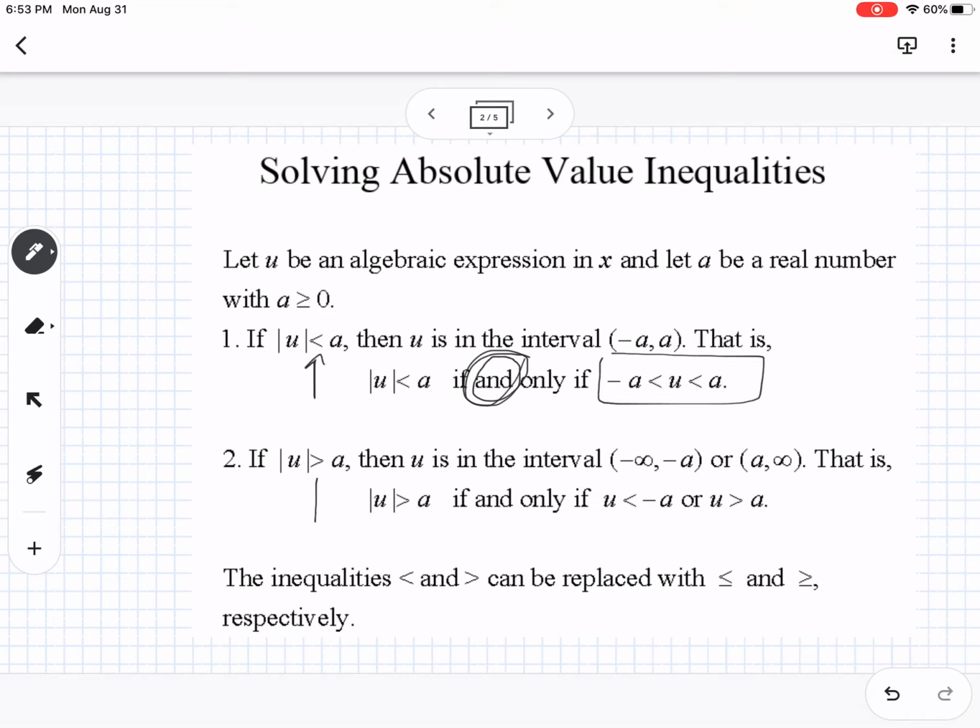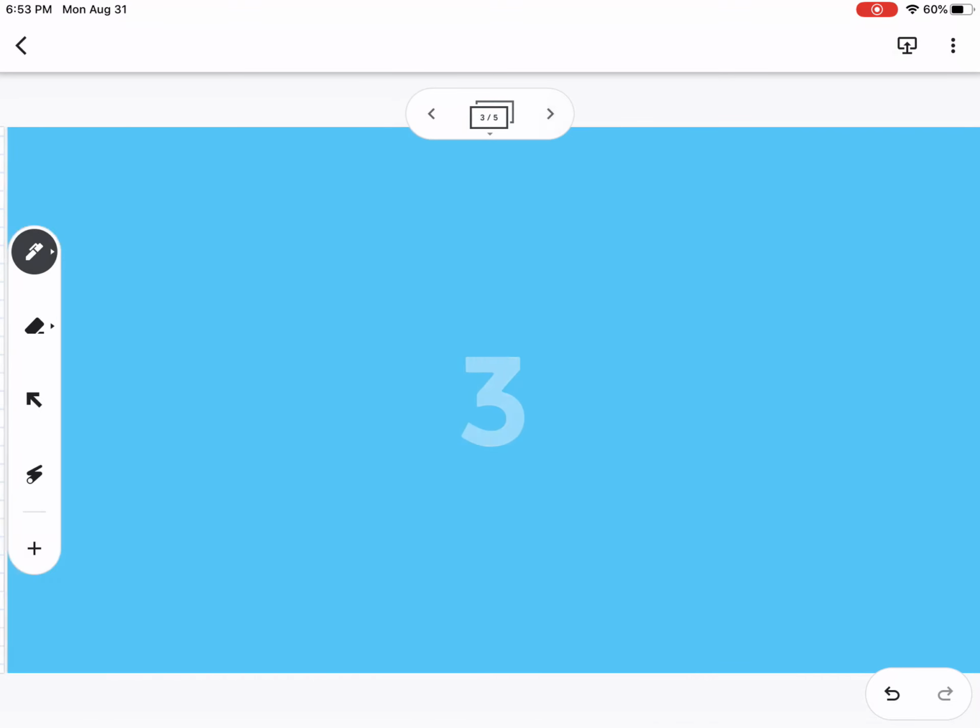If the inequality symbol is greater than, then it means it's going to be an or inequality, and we're going to have less than something or greater than something else. And this can be replaced with the greater than or equal to or less than or equal to as well. Okay? So now we're going to look at some examples with those.